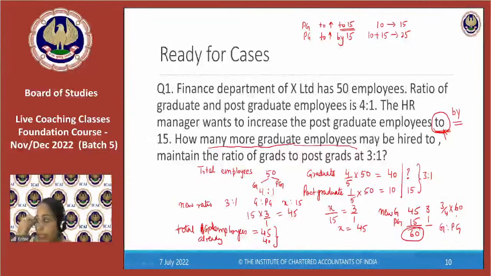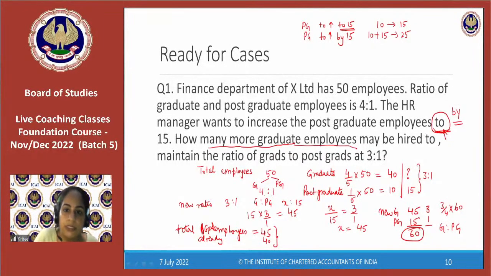Okay. Someone is asking, ma'am, why did you multiply by 4 by 5 and 1 by 5? I'll tell you. Because this is the total chocolate and I have to divide in some ratio. So these are the 50 employees.